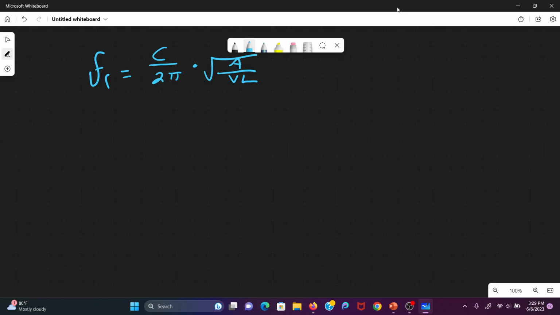All right, so if you are in the first group, your values were A equals 220, V equals 1400, and L equals 73.